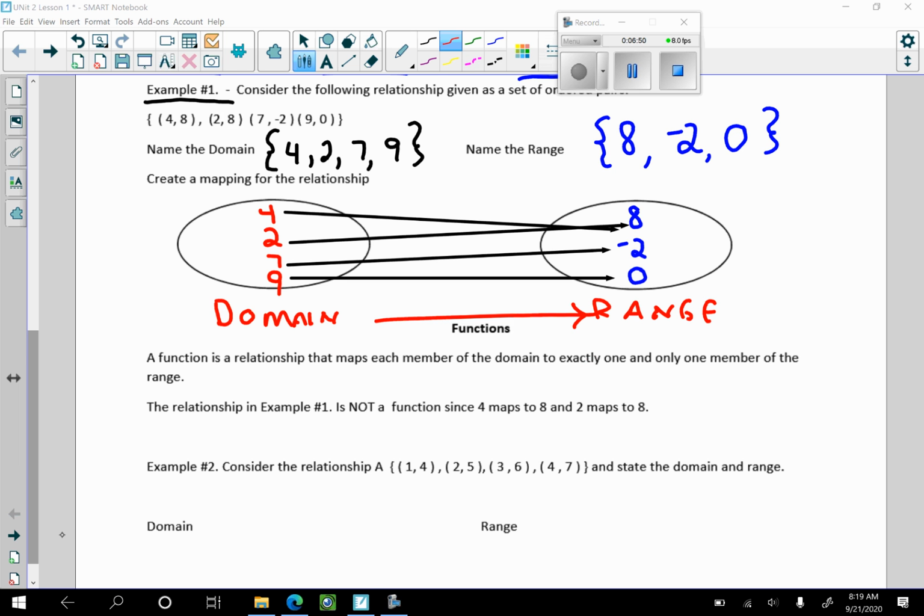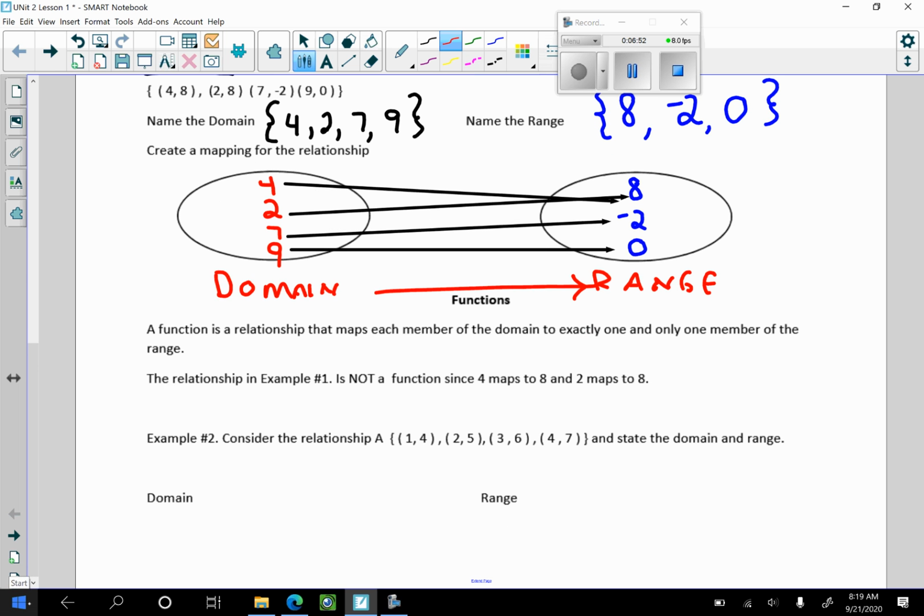All right, so here we have an example. Let's name the domain. We go braces for domain: 1, 2, 3, and 4.